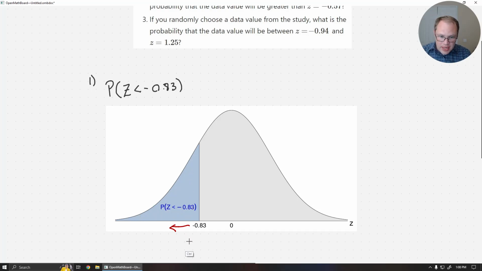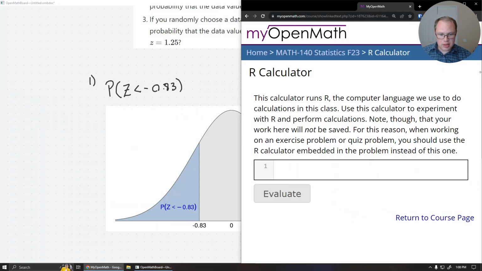The area of that shaded region is going to be equal to the probability that z is less than negative 0.83. Now, this is exactly the kind of probability that the pnorm function allows us to calculate, so we don't have to do anything fancy. We just plug into the pnorm function, and I say the value I'm interested in is negative 0.83.